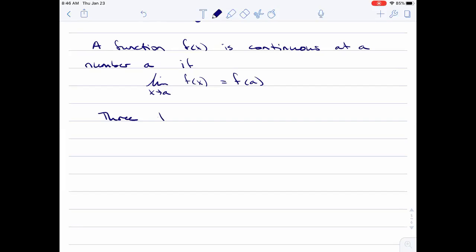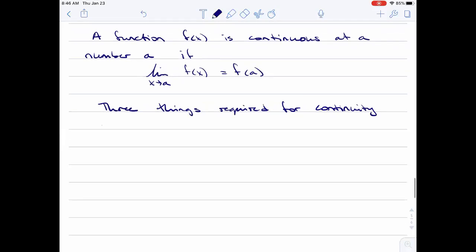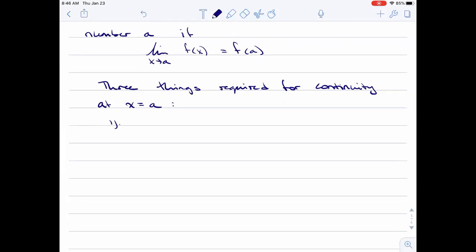So 3 things required for continuity at x equals a. The first one is going to be that the limit exists. And so the limit as x approaches a of f of x exists.